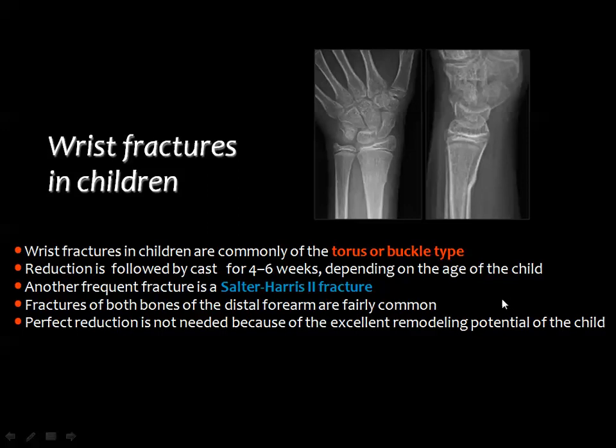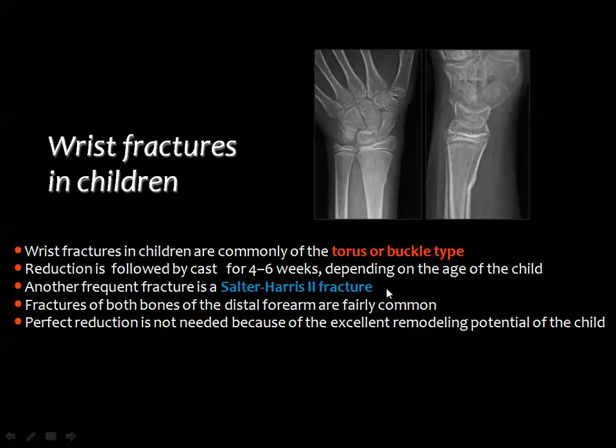Then remember that these fractures are usually the result of axial load, and this will initiate some sort of trabecular injury, and actually you may see some buckling of the cortex, and sometimes you can also see a fracture line if the buckle fracture is associated with the greenstick fracture.